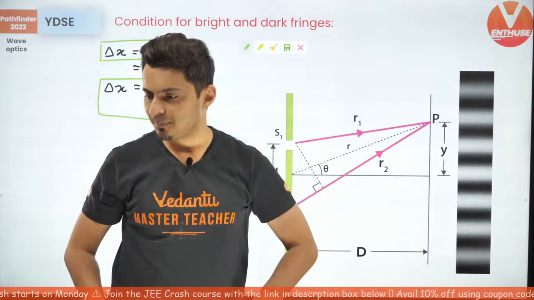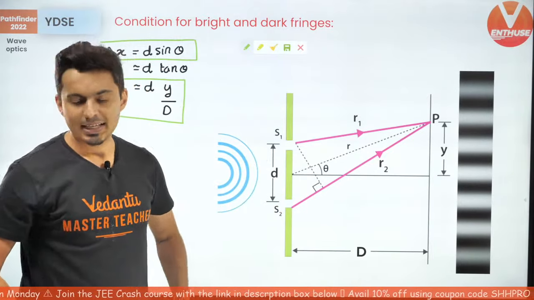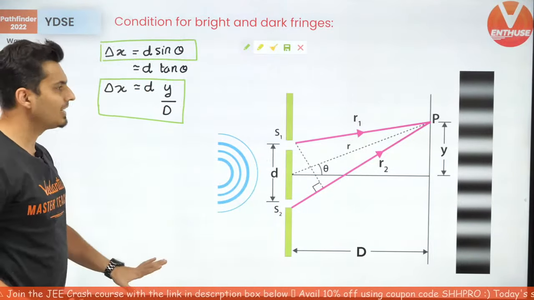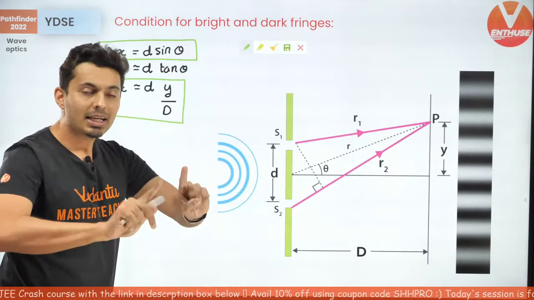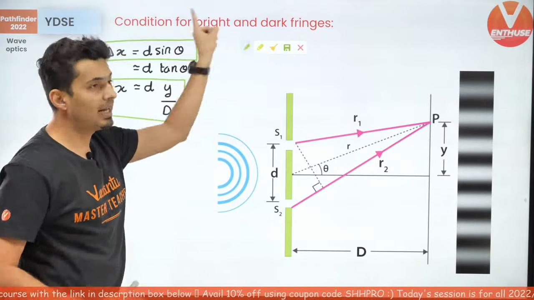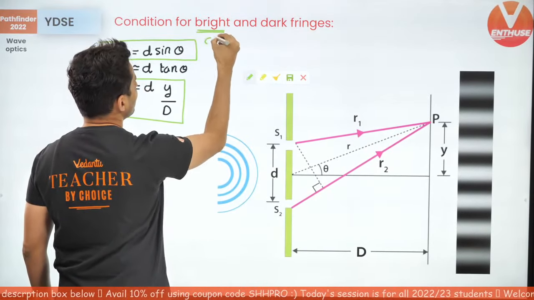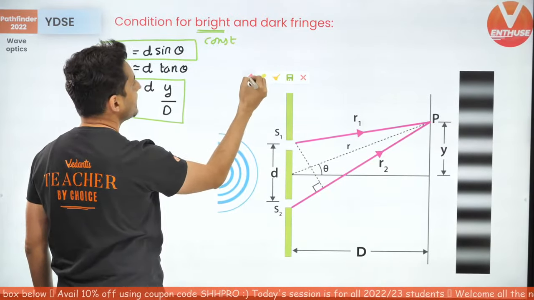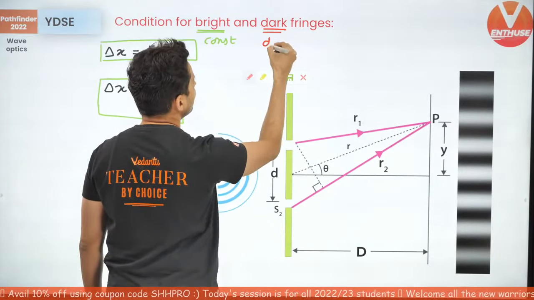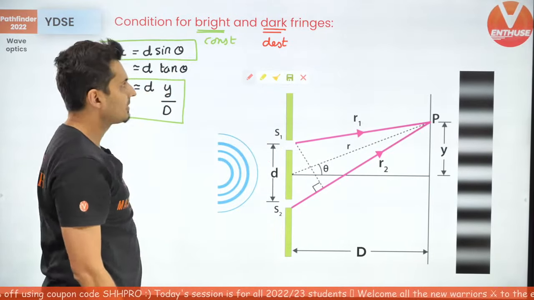Perfect. Hi Dakshin. Welcome aboard. Now that you have got it till here, the only thing left is the condition for bright and dark. Bright means constructive. Dark means destructive interference.